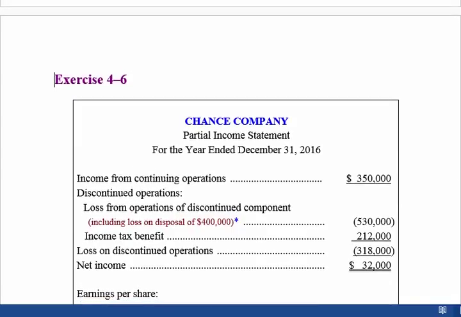We'll start with income from continuing operations, which was $350,000. We're going to divide that by the number of shares outstanding. Looks like that's 100,000. That gives us $3.50 earnings per share on income from continuing operations.